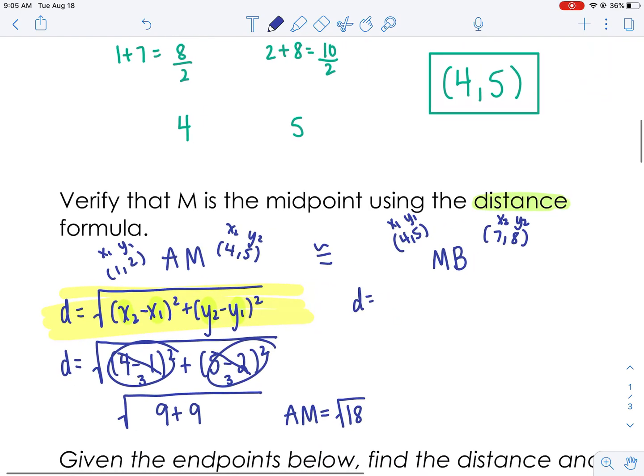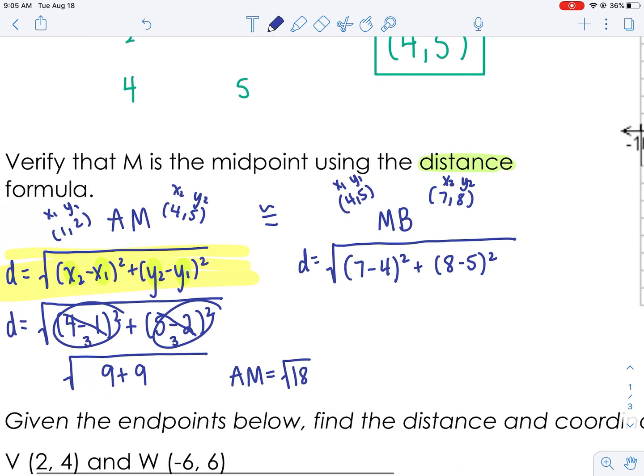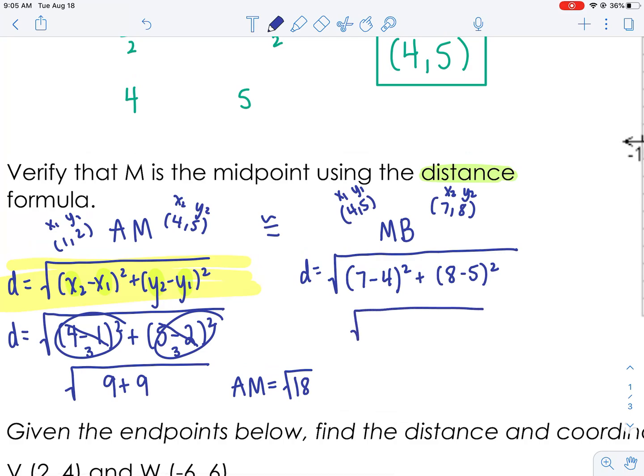So D equals a really big square root. X2 is 7, minus x1 is 4, parentheses squared, plus y2 is 8, minus y1 is 5, parentheses squared. And now I'm going to fill in what was in my parentheses.